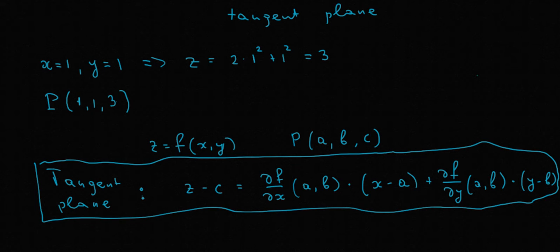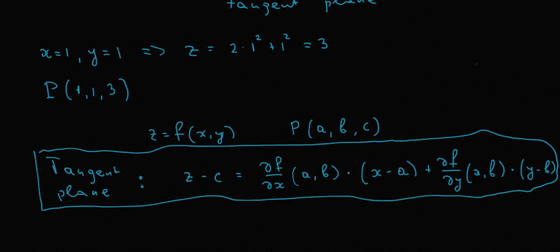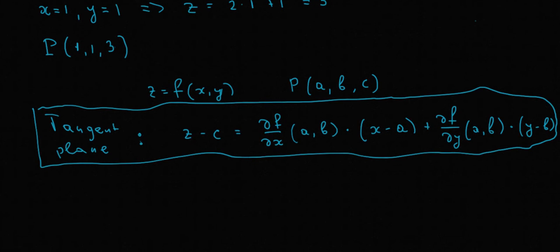It has the exact same structure, except that on the right hand side now it has two terms, and you would expect that because now our function depends not only on x but also on y. So to write down the equation of the tangent plane, we need to know the values of the partial derivatives of our function. The values of a, b, and c are already known to us.